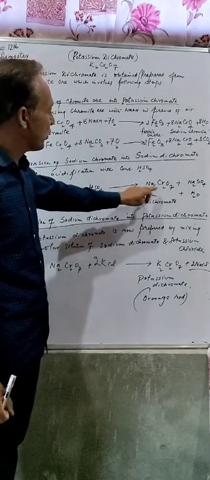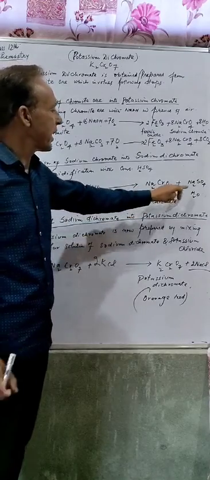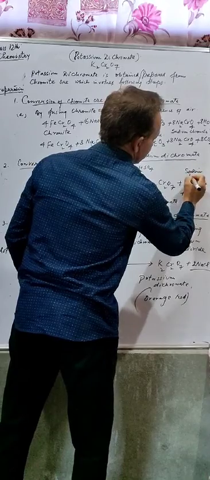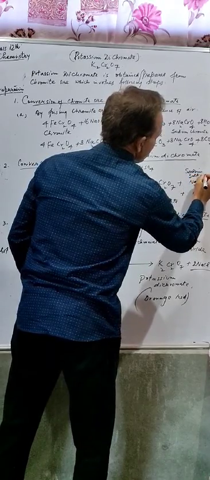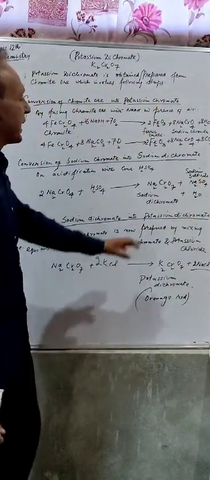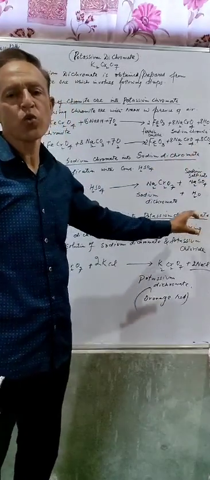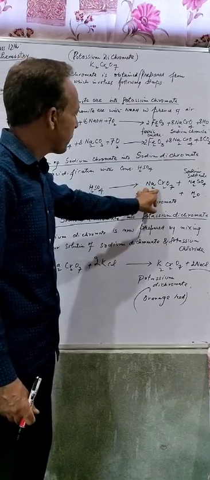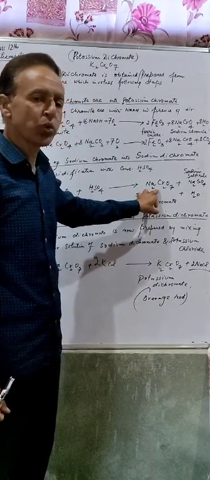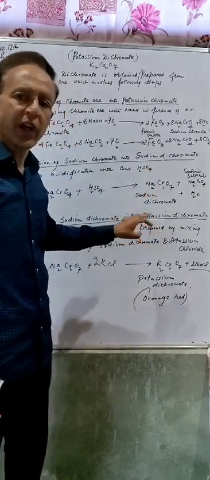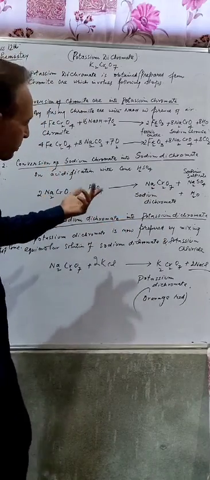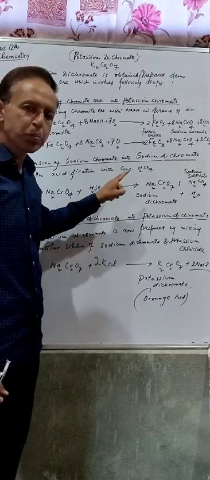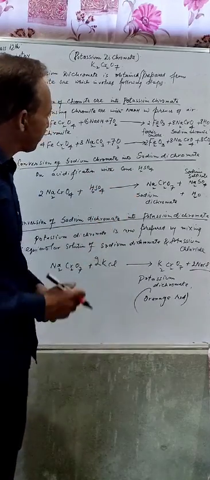So in the reaction we get sodium dichromate and sodium sulfate. This sodium sulfate, being less soluble, crystallizes out of the solution, and this sodium dichromate solution is taken, filtered, and from it we prepare potassium dichromate.